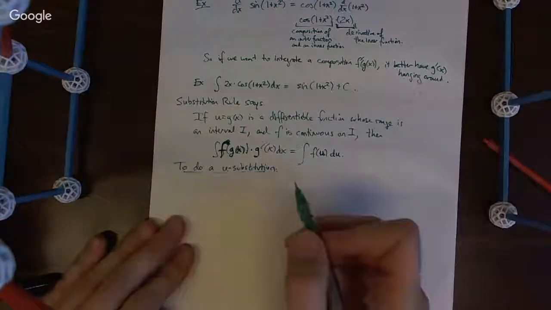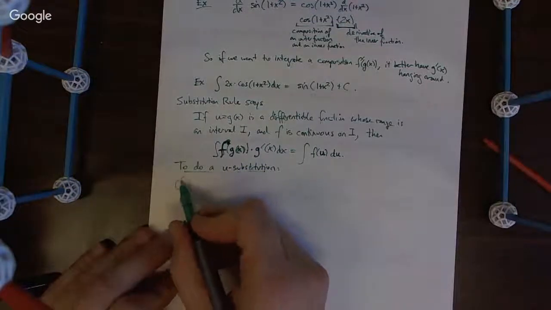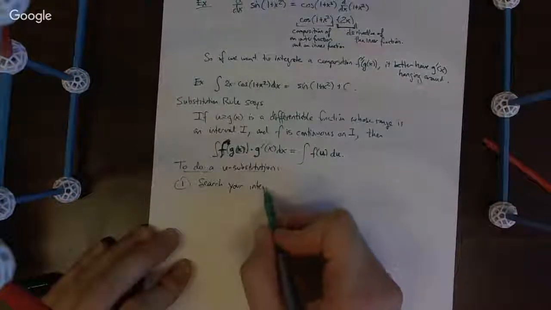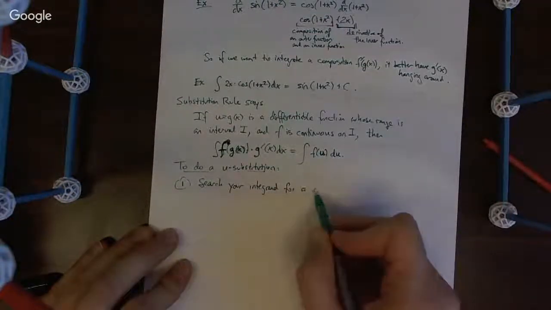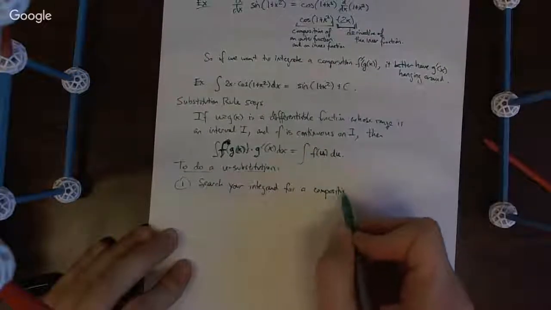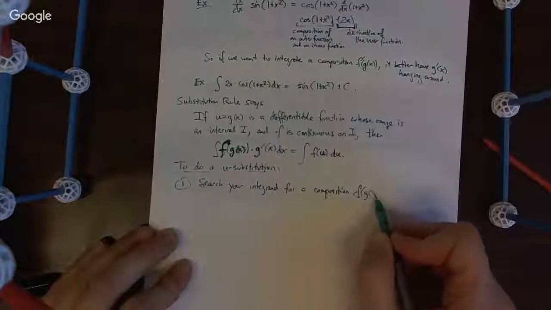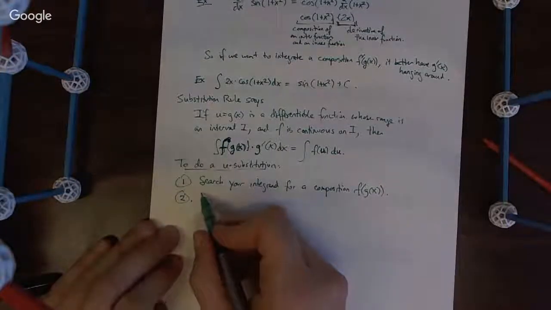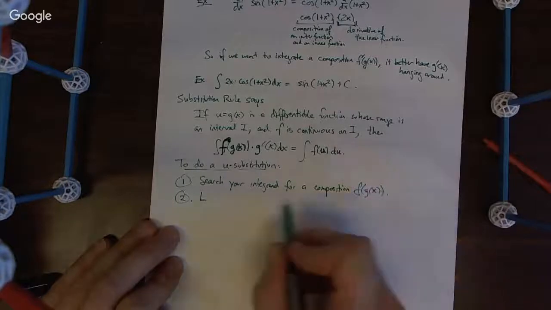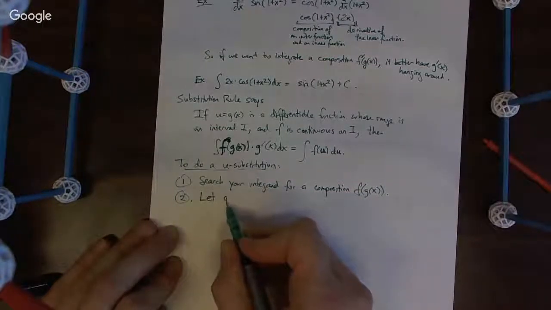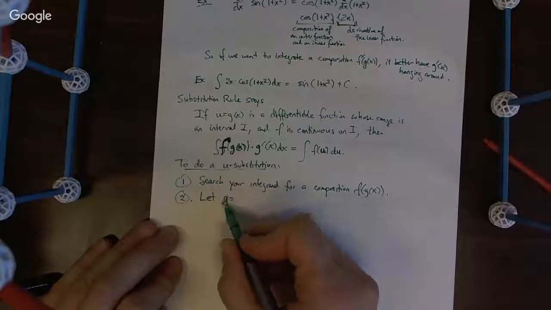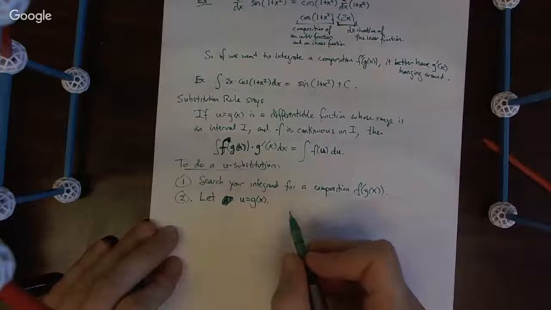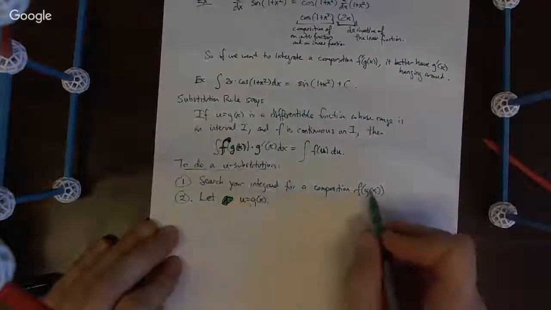To do a u substitution, here are the steps you want to take. Number 1, search your integrand for a composition, something that looks like f of g of x. Next, look at what the inner function is and let u be equal to g of x. So we let u be the variable that represents the inner function.